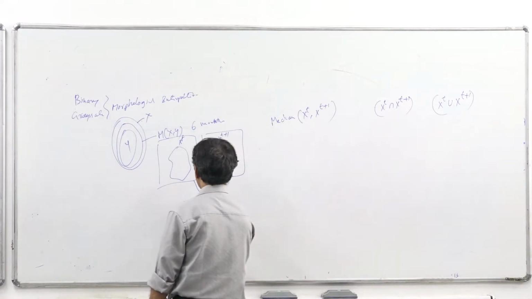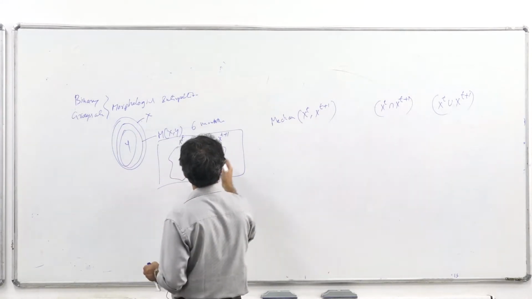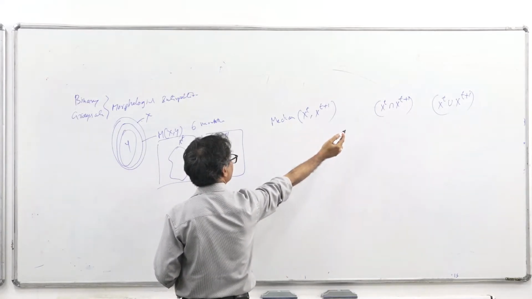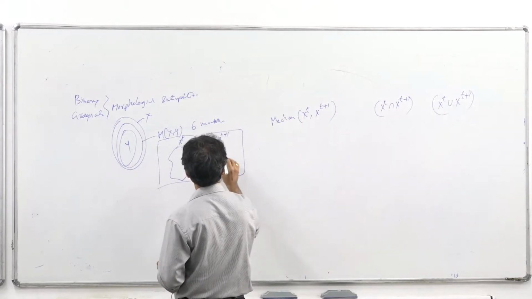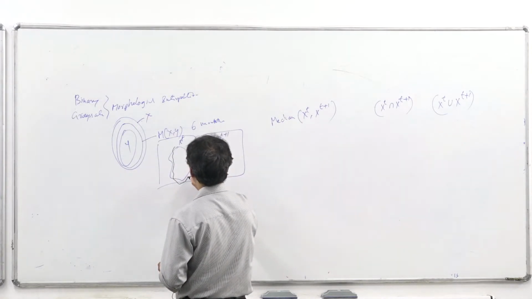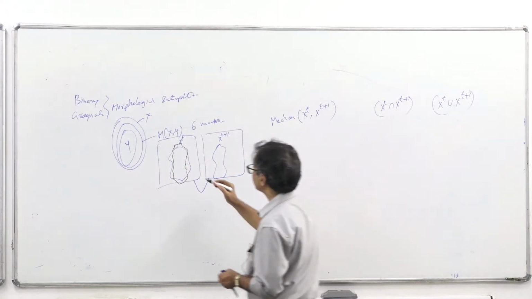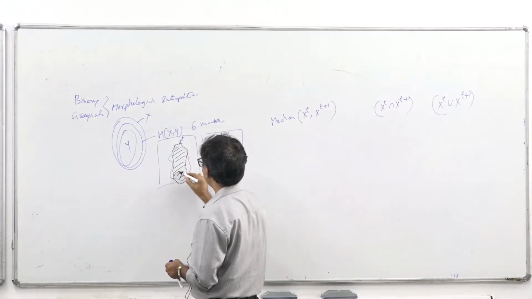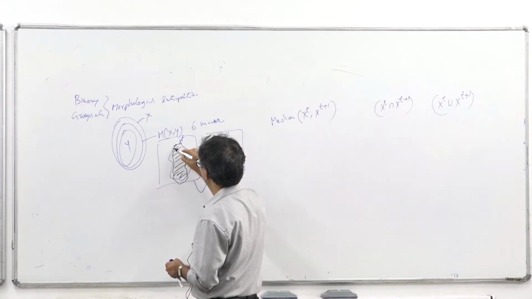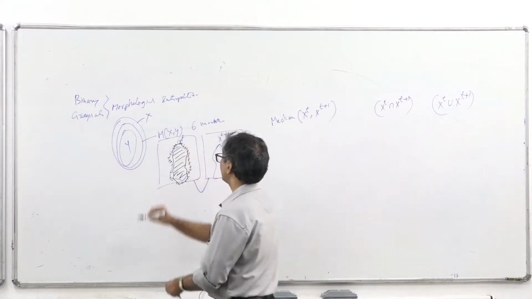Typically what happens, when you take the intersection of xt and xt plus 1, let me say that this is the intersection portion, this is the union portion, and this is the portion.